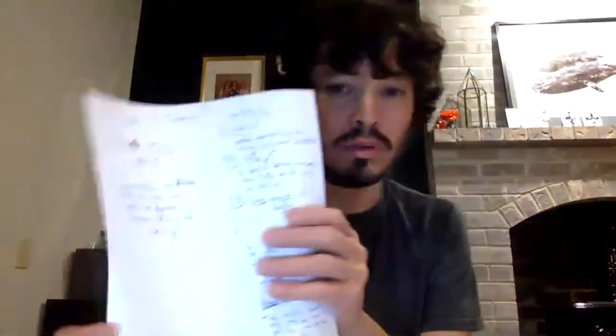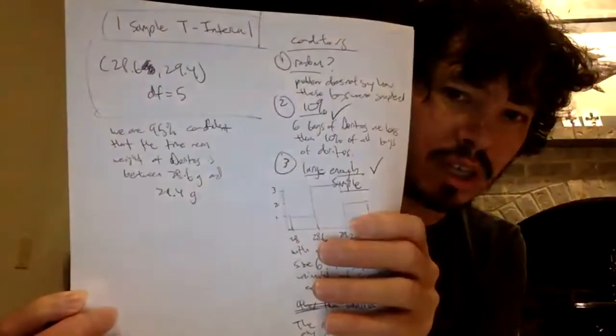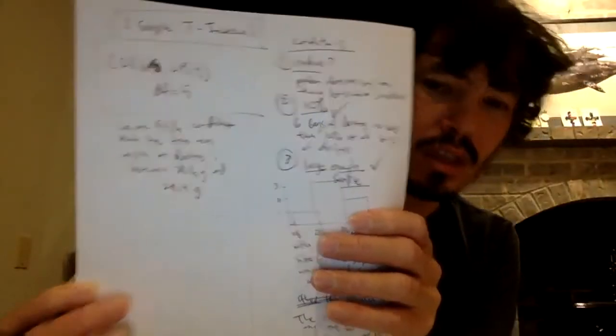We are 95% confident that the true mean weight of Doritos is between 28.6 grams and 29.4 grams.